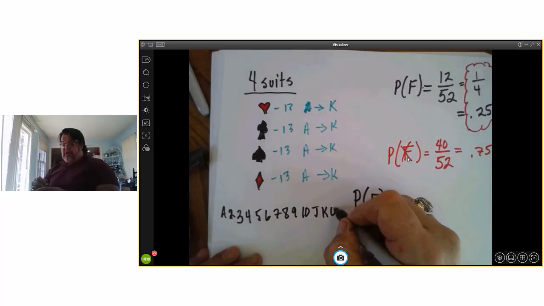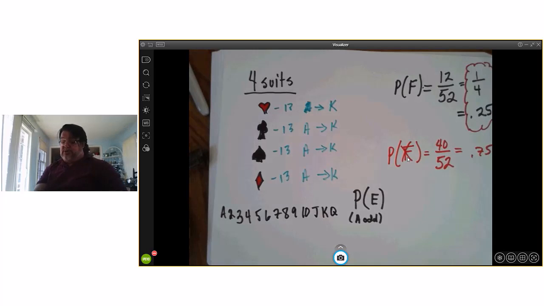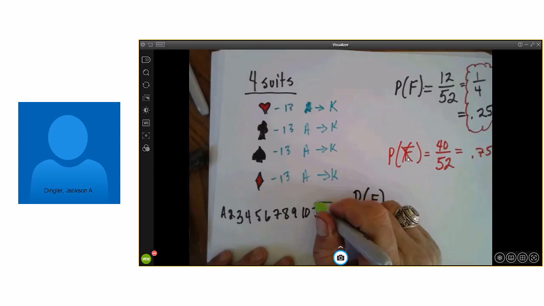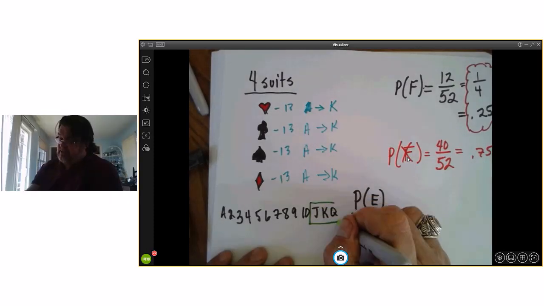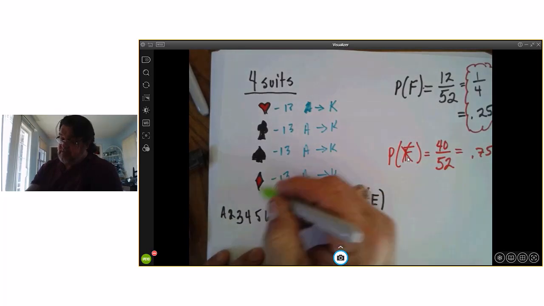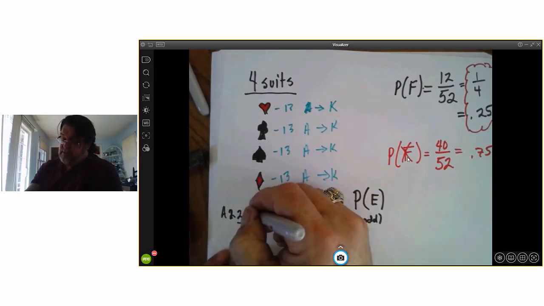Now, if you know anything about cards, you know that the face cards are all what? They're all even. They're tens. There's an even. There's an even. There's an even. There's an even. There's an even.